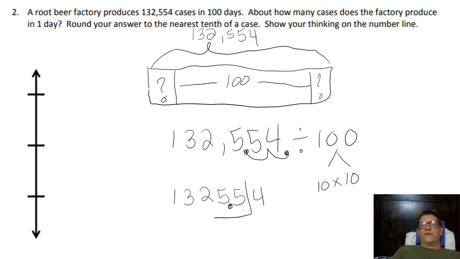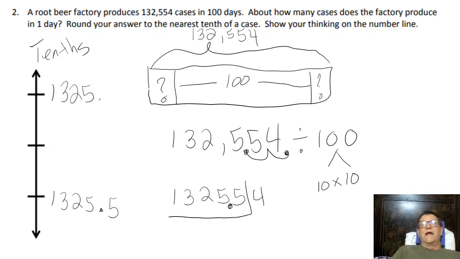So I'm looking at the nearest tenth right here. I know my bottom number is going to be 1325 and 5/10. The top number, since we're rounding to the tenths, we're going to be adding one more tenth, which is 1325 and 6/10. Our midpoint is going to be 1325 and 5/10 and 5/100. Now we're going back to the original number, and we're looking at the hundredths position, which is right here, and it's a 4.